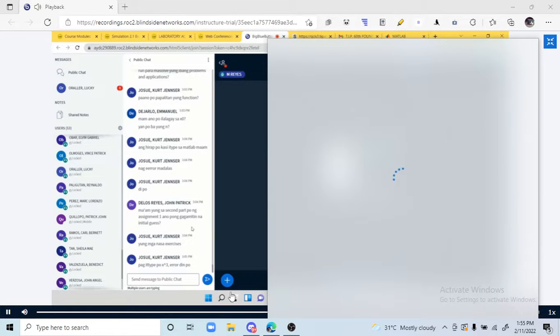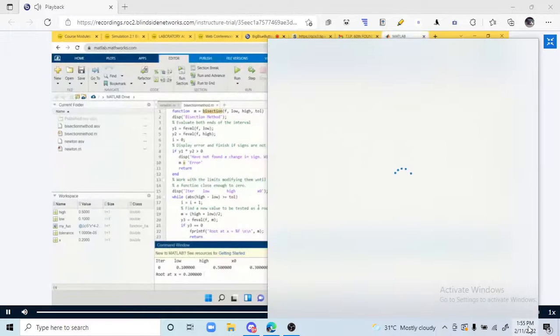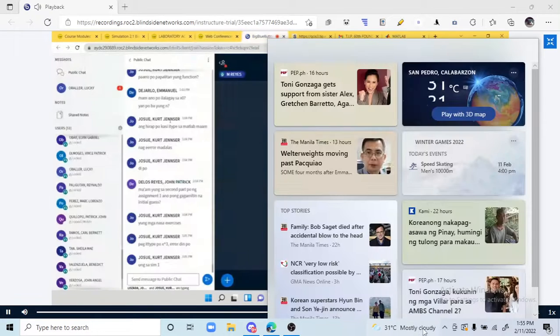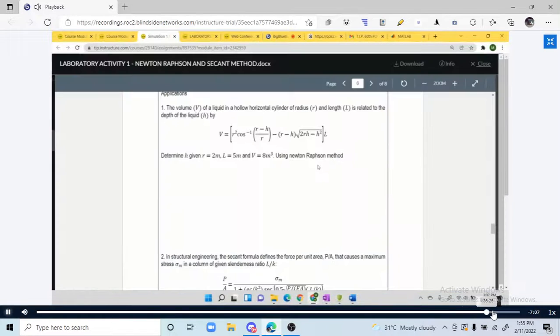Pag type po x, error din po. Huh? Bakit dito? Tingnan mo nga maigi. Sa activity 1? Yung mga nasa exercises, patingin exactly kung paano mo tinype. Bakit nag-error? Same code.